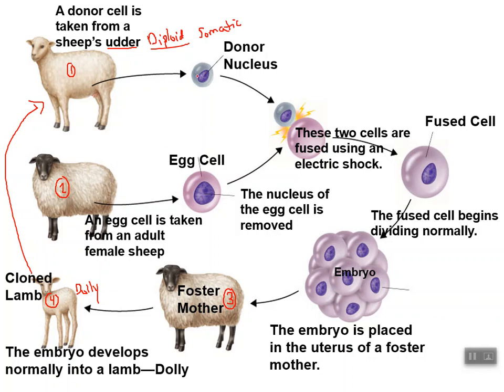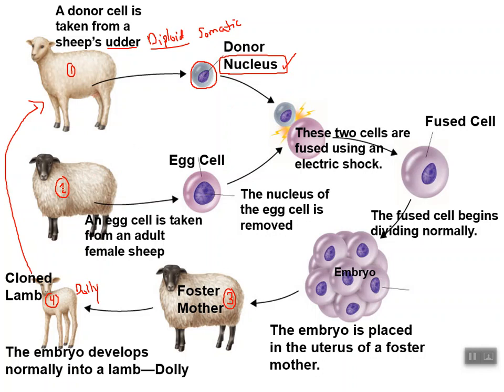And we don't really care about the cell, but we do care about the nucleus, because that's where the DNA is. Sometimes you can just take the nucleus out, but really it's easier, and in this case they just kept the entire cell. But the point is, the diploid nucleus is there.